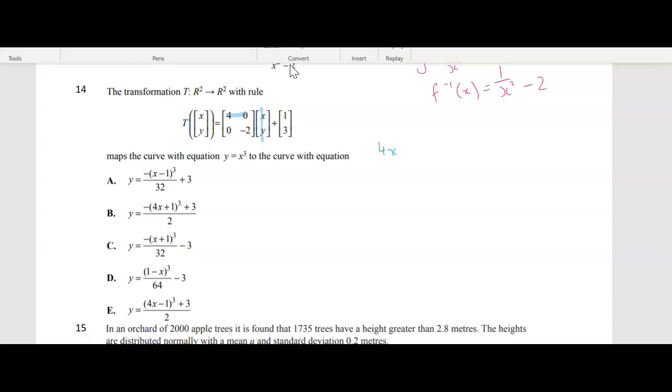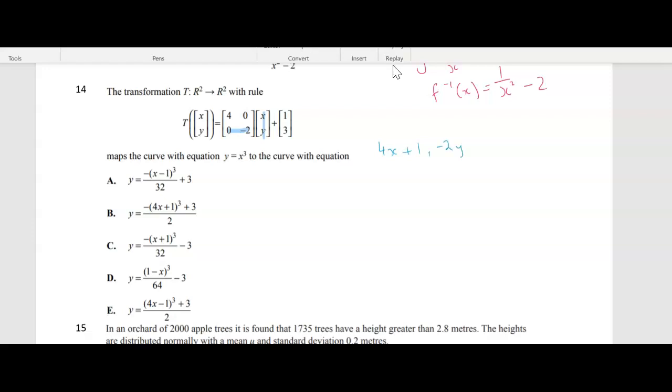But you'll always notice, except for an inverse, the zeros there. And then we've got the plus 1. All right, so they're not as scary as they might look. And then you can do the second row times this column. So 0 times x is 0 and -2 times y is -2y.